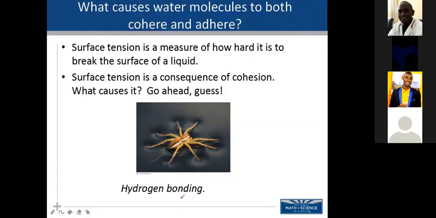Surface tension is a consequence of cohesion, and cohesion comes about because of hydrogen bonding. Okay, are we together there, madam? Is that clear? Yes, we are clear. Okay, we proceed. Any other questions?